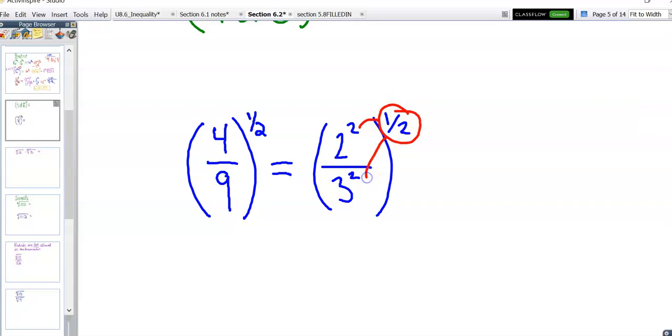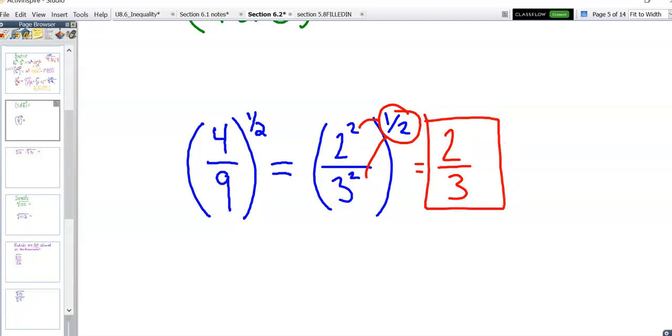Distribute and multiply. Two times 1/2 is just 1. 3 times 1/2, or sorry, 2 times 1/2 again is still just 1. So this just becomes 2/3.